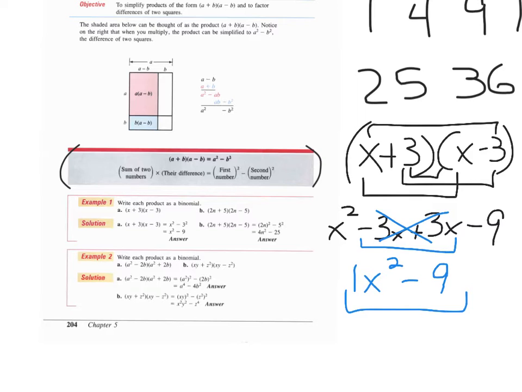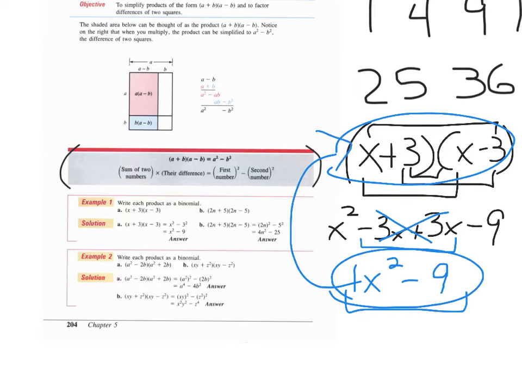So now, at the beginning of the homework, you're going to get problems like this, which is what we just learned. Later on in the homework, they're going to give you this, and they're going to ask you to turn it into this. So they're going to first ask you to multiply, but then they're going to ask you to undo the multiplication, and they're going to ask you to factor it.